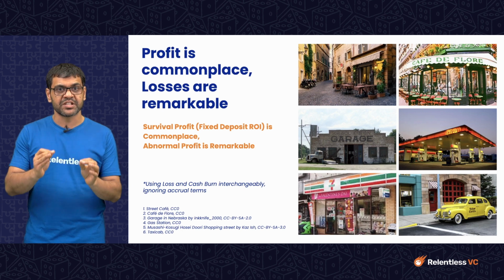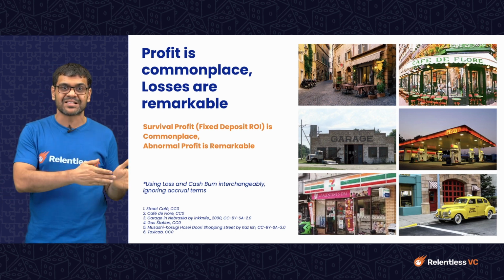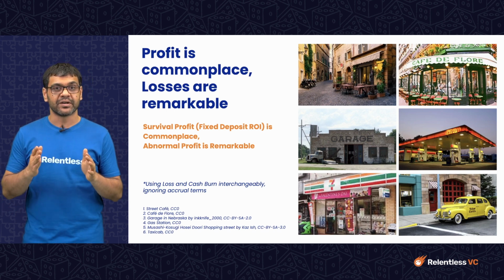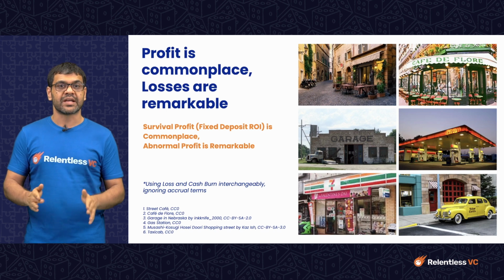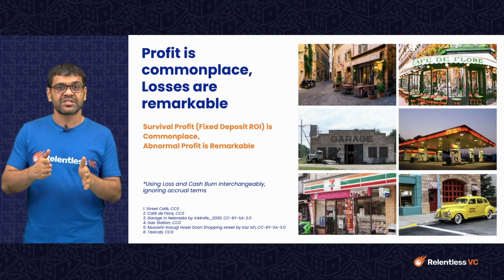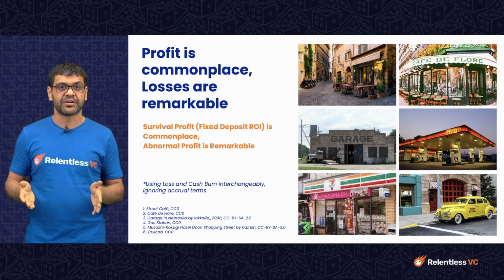Because if someone is making persistent losses, it means that someone else is providing them capital to cover those losses. And capital is seldom foolish. Capital seeks return. So if someone is making persistent losses, it is probably because they are operating in an environment where capital is chasing the slim possibility of abnormal profit.